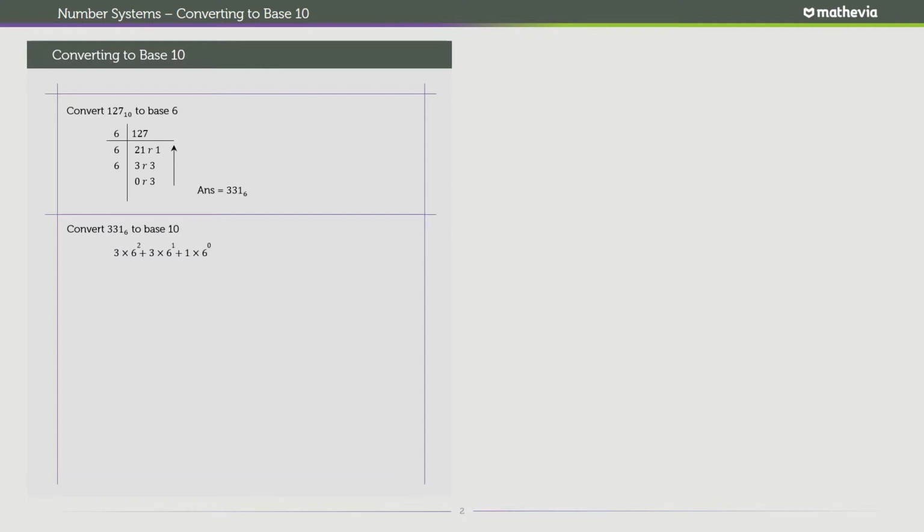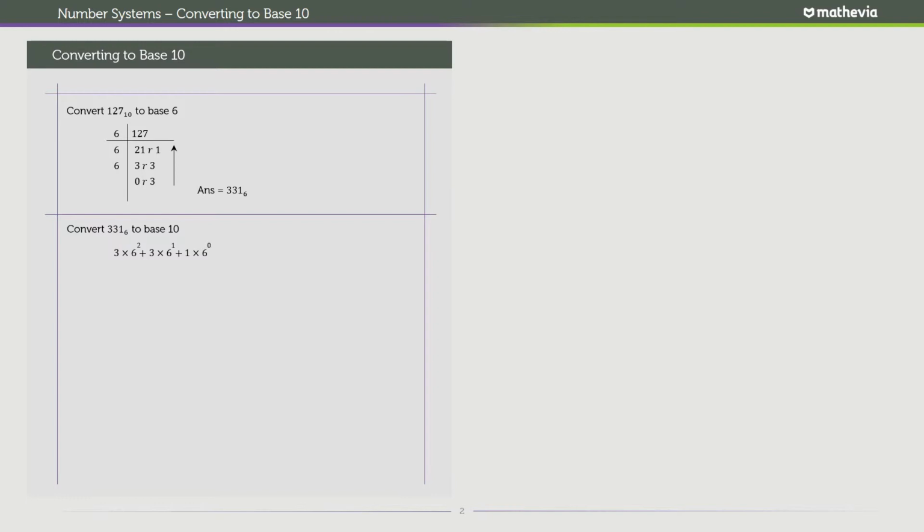You raise the first 6 to 0, you raise the second 6 to 1, and you raise the final 6 to 2. If we had another number to the left, we would raise to 3, and if we had another, 4, and so on. So we go 0, 1, 2. What we have is 3 times 6 to the power of 2, plus 3 times 6 to the power of 1, plus 1 times 6 to the power of 0.